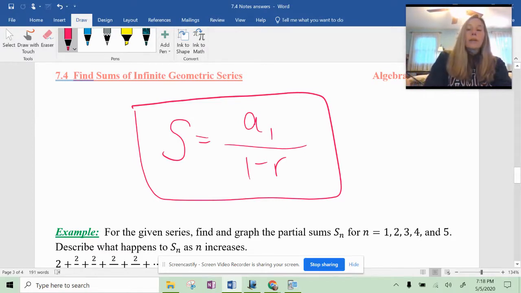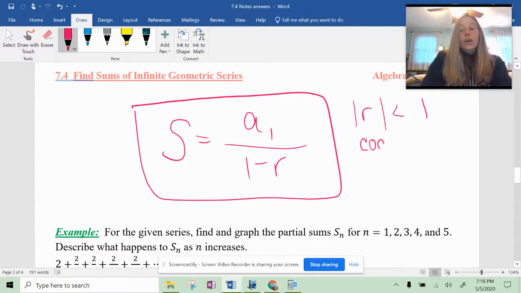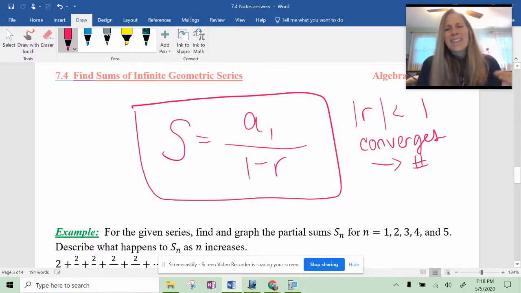The little thing that I want to tell you in addition, which I mentioned earlier: if the absolute value of r, so it doesn't matter if you're multiplying by a positive or a negative, is less than 1, so some type of a fraction, then you say that it converges, meaning it's going to approach some number. So you can calculate the sum as a limit.